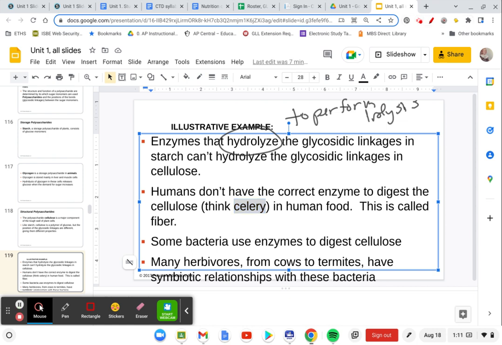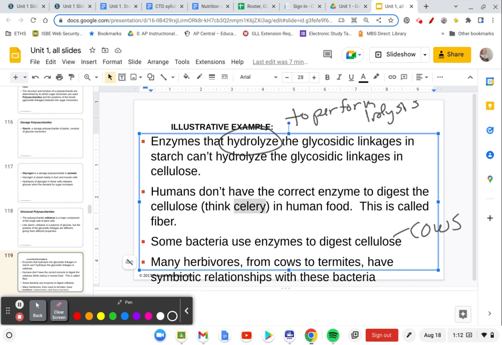The reason that we can't digest things like fiber is because our bodies don't have that particular enzyme. Now, on the other hand, the reason that things like cows can digest, they eat grass, right? Humans can't eat grass. We can eat it, but it's going to come out the other end.